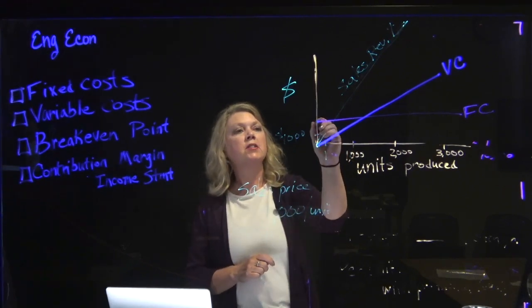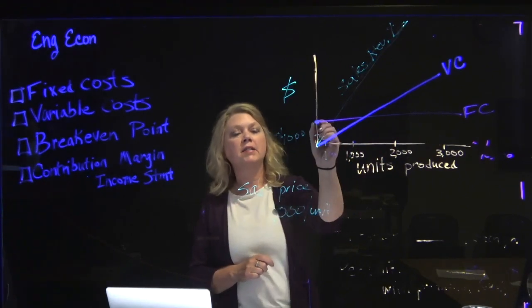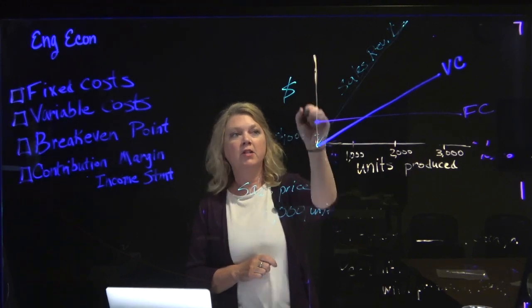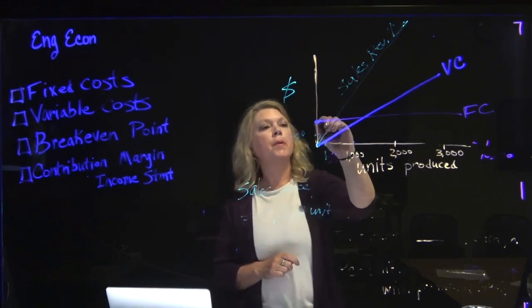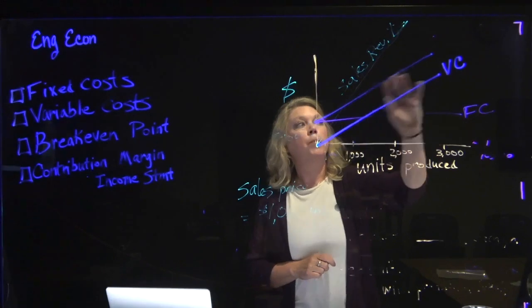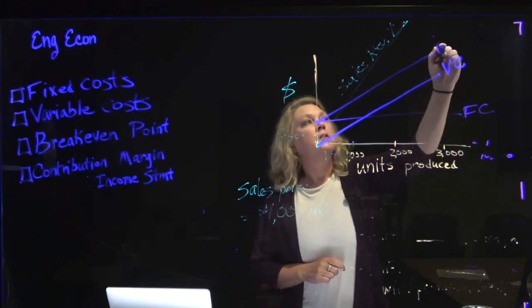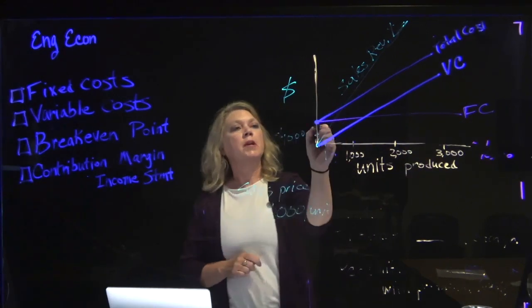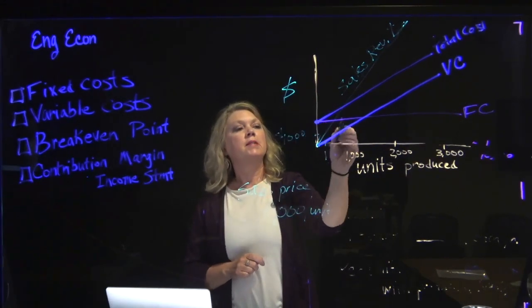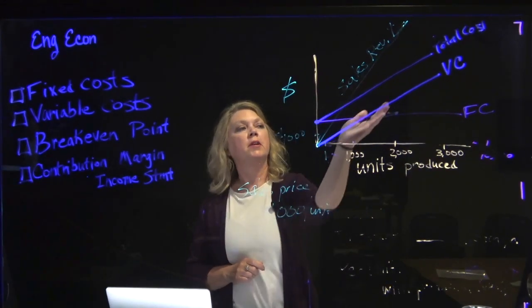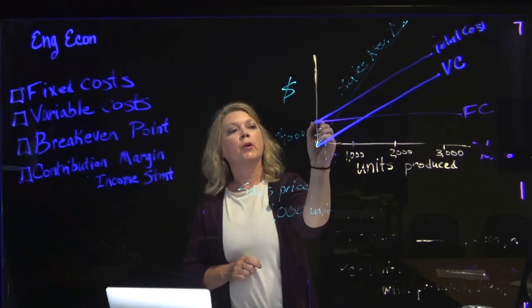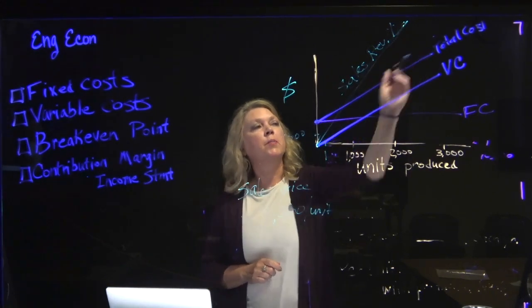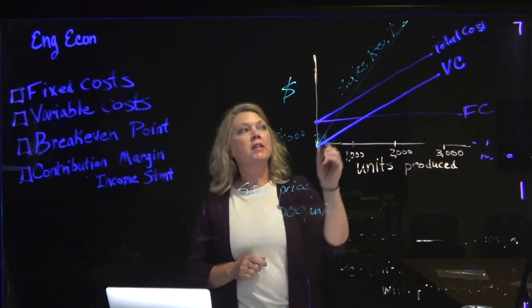Total cost starts where the fixed cost comes in on the dollar side, and then it goes up at the same slope as the variable cost line. So this would be the total cost line, which is the summation of fixed costs plus the variable costs. Take the variable cost line and just slide it up where it starts at the fixed cost line and goes up at that slope. Okay? So that's the total cost line.